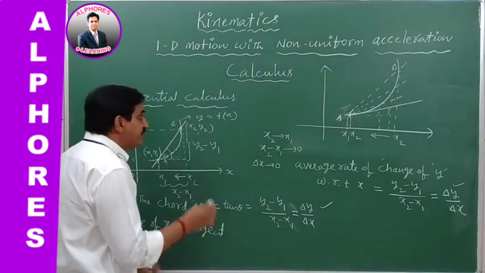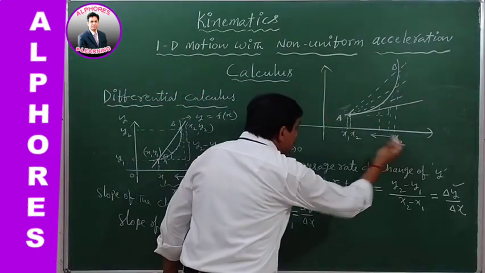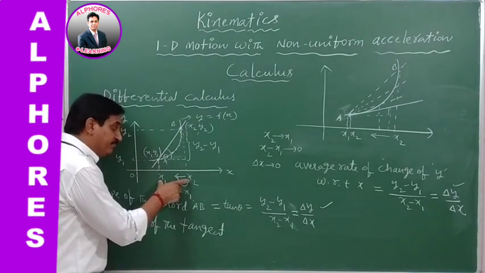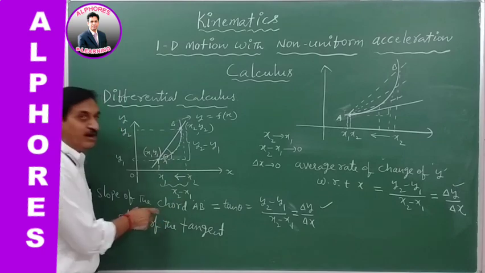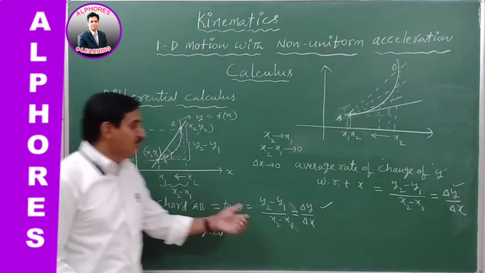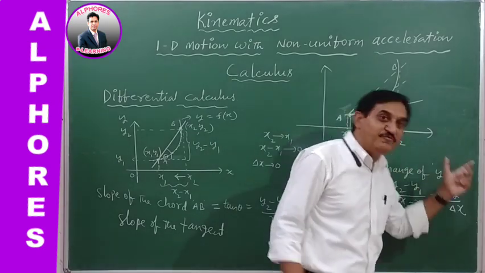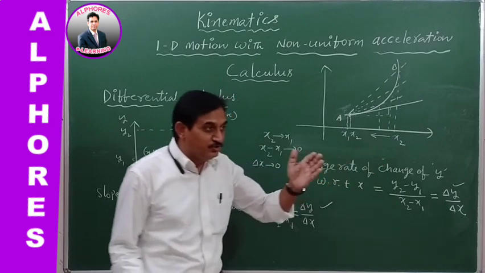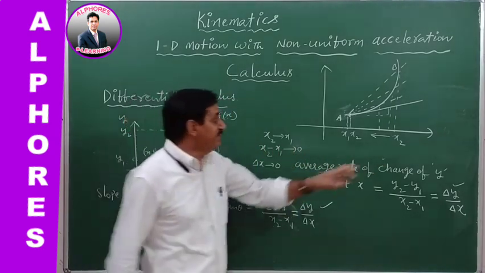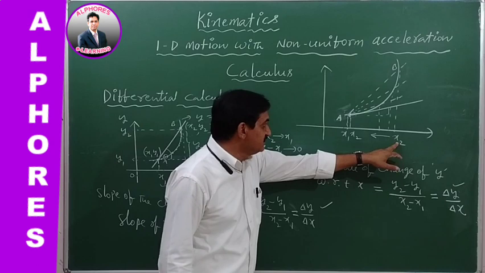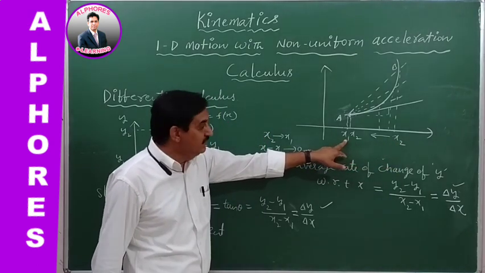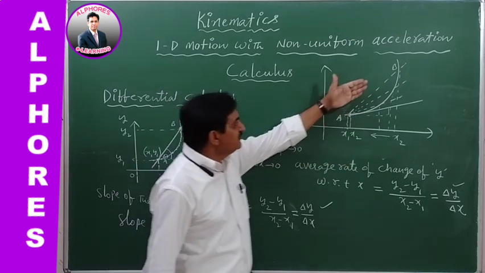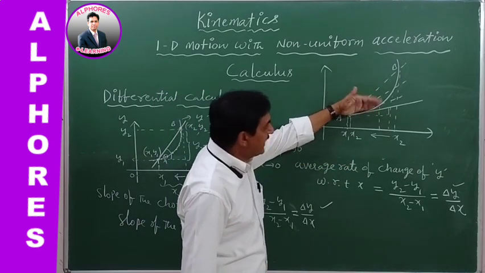So what is the limit? We are limiting so that x2 approaches x1. When the gap between x1 and x2 is a big amount, we take the chord. The chord has its own slope, and that slope gives the average rate of change of y with respect to x. Whereas when we slowly reduce x2 so that it approaches x1, very close to it, this chord slowly becomes a tangent.